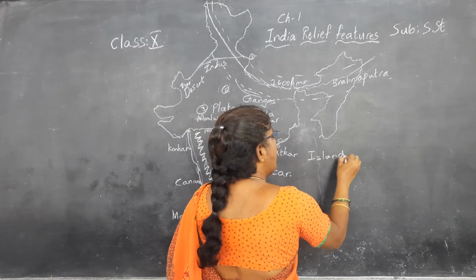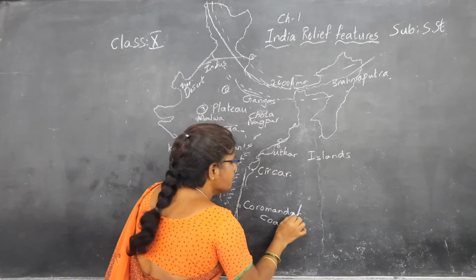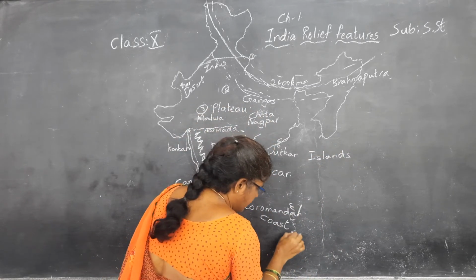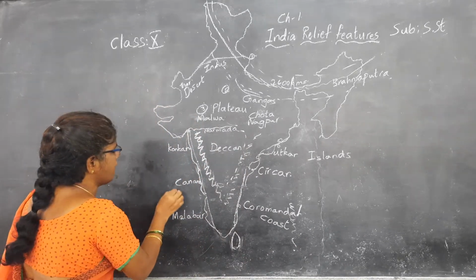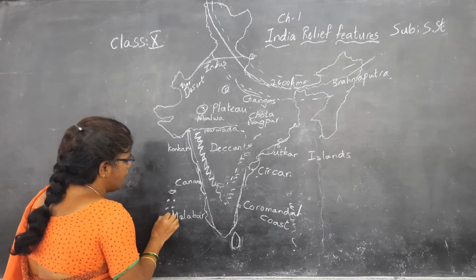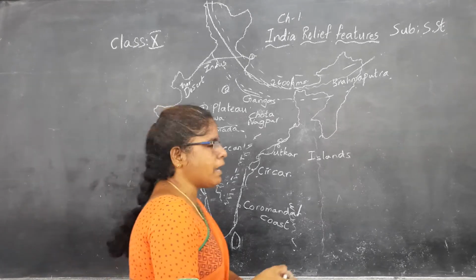And last but not the least, the island groups. In the eastern side we have the Andaman and Nicobar Islands, and in the western side we have the Lakshadweep Islands.